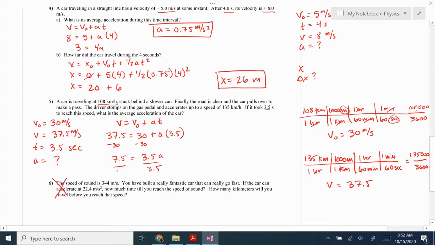Divide by 3.5. So 7.5 divided by 3.5 is 2 point. And there you go.